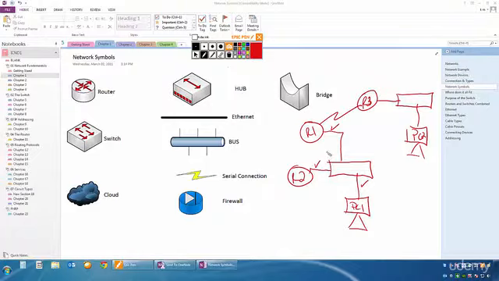So if this means ideally that they're on the same network, instead of drawing out the switch, sometimes what they'll do is this. We'll have a line drawn like this, and then we'll have a line drawn out like this.